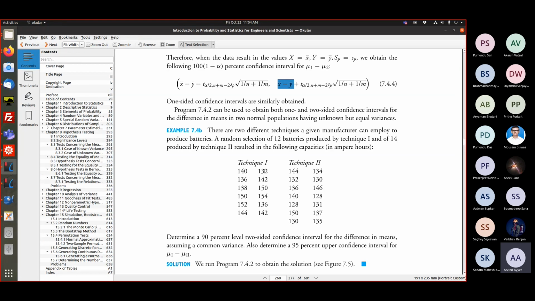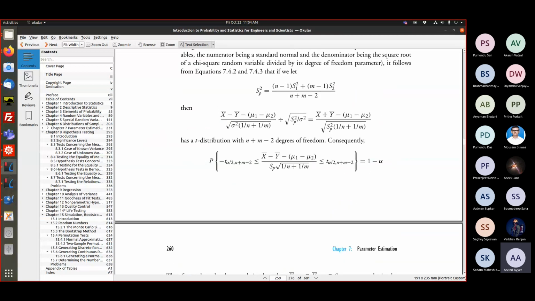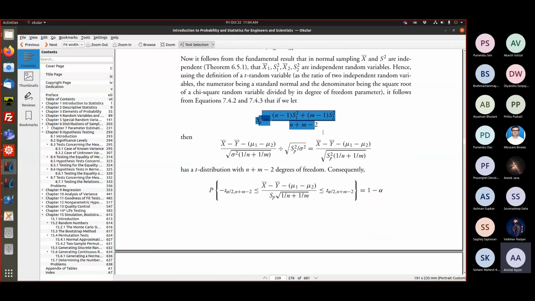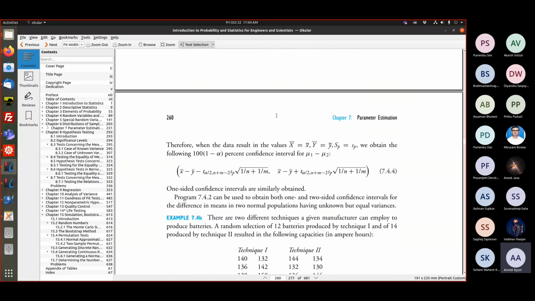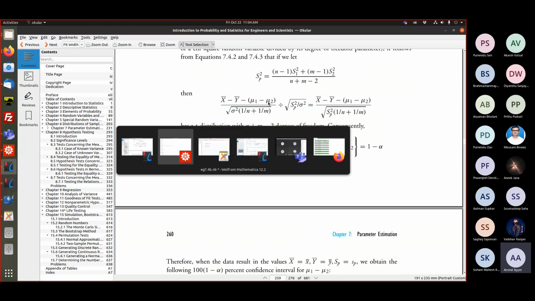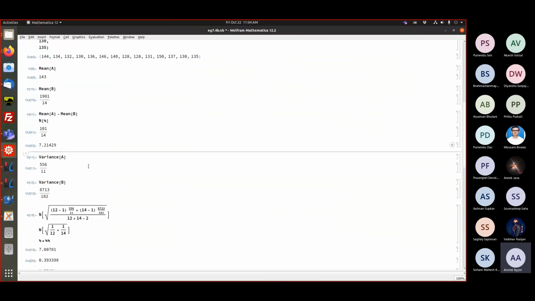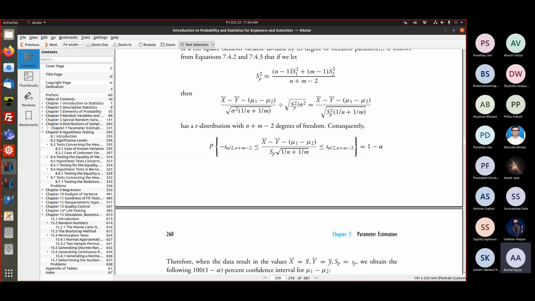Now I want to construct this term, which I will add and subtract. Remember, the t distribution is symmetric about the origin. So I construct this pooled estimator. Let's look at this formula. n for the first sample is 12 and m is 14. I need the variances s1 squared and s2 squared.